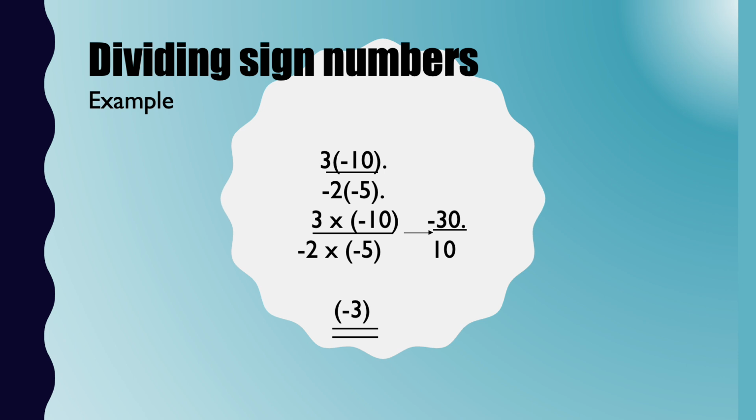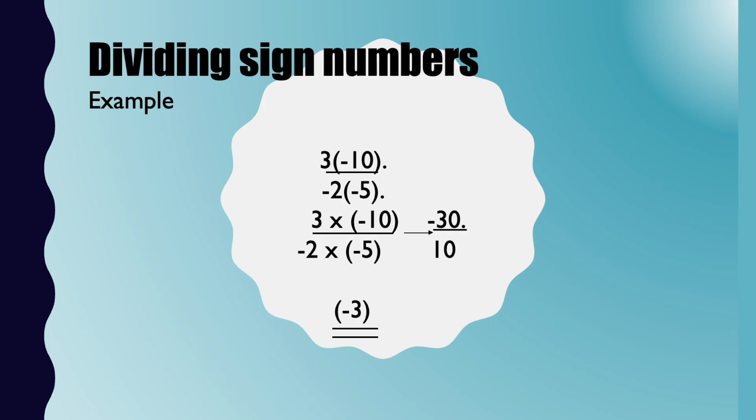Now we are going to worry about the sign. Minus multiply by minus is the same sign. Multiply by the same sign, always plus. So what is the answer? Plus 10. There you go. Now we got the answer minus 30. We have to divide it by plus 10.